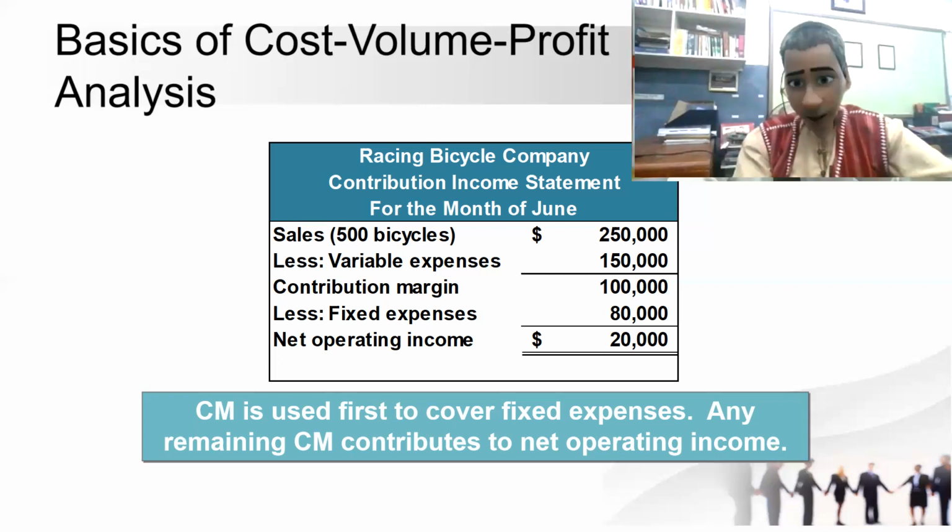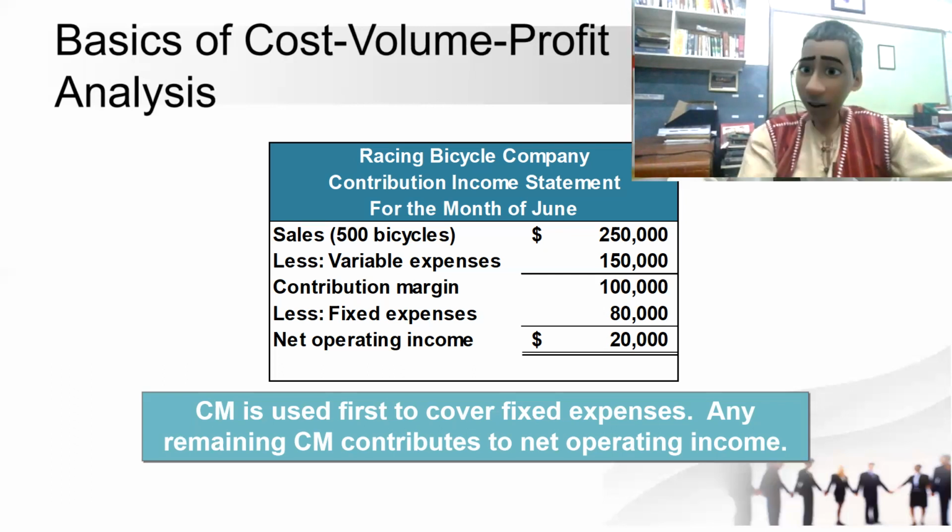And from the previous slide, we have what? Contribution margin is equal to sales minus variable expenses. So by using the contribution margin, wherein this factor is related both with variable expenses and fixed expenses. Okay. If you subtract fixed expenses from contribution margin, you will get the important data, which is the net income.